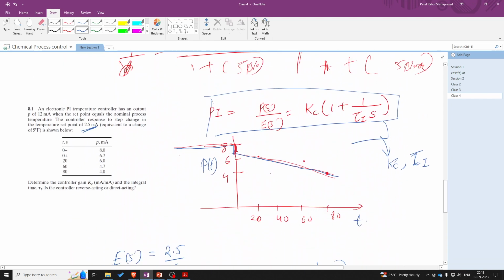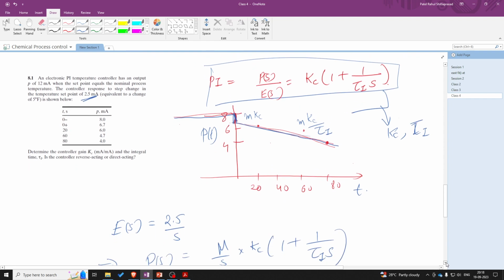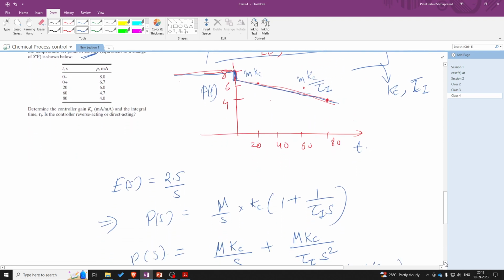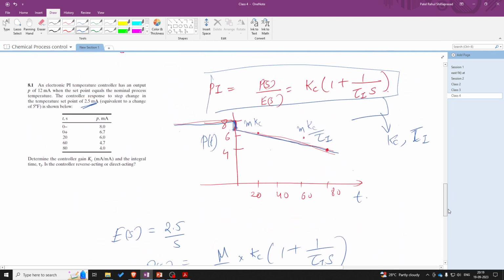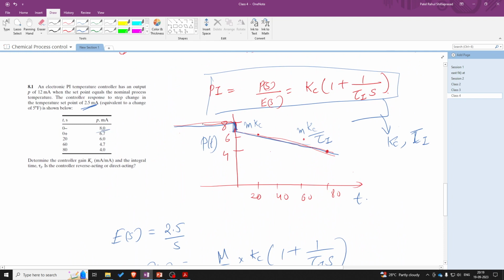So we can see the intercept is basically this term. So this term over here is M Kc, and the slope will be M Kc upon tau I. Since the earlier steady state value of the proportional controller was 8, we considered this as our M Kc.